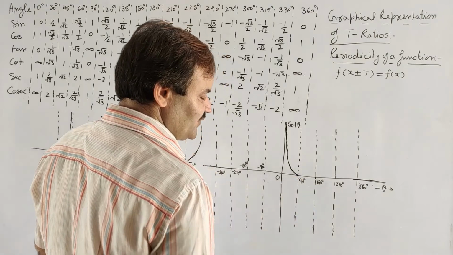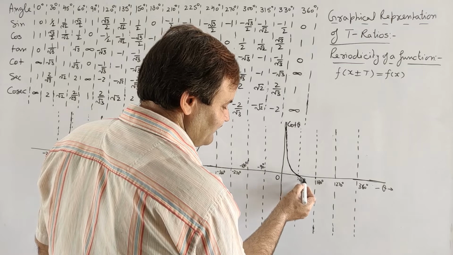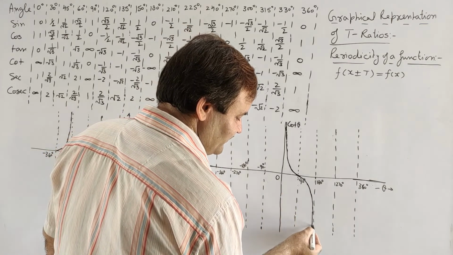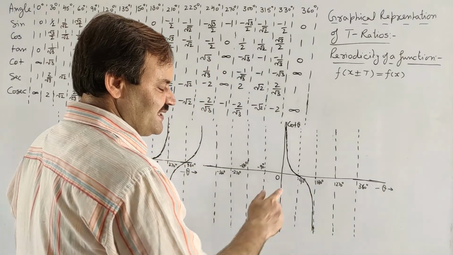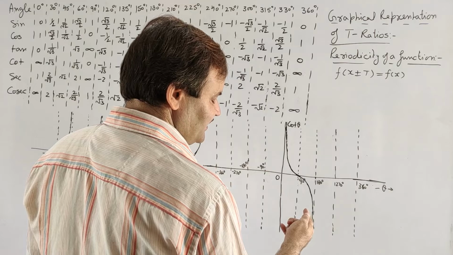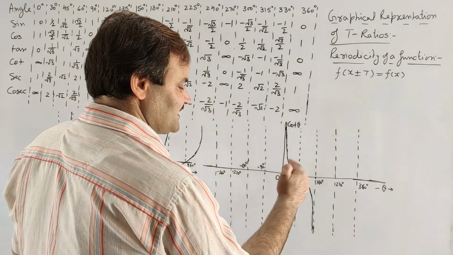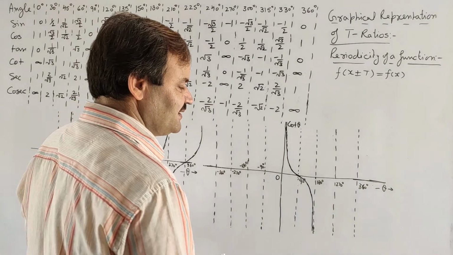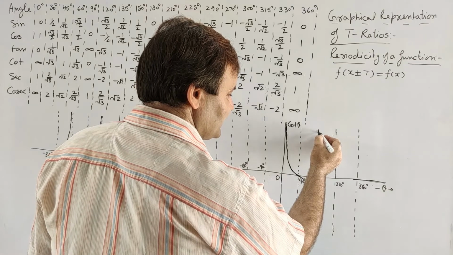Then from 90 to 180, that is in the second quadrant, cot will be negative, and at 180 degree the value will again be infinity. So slightly less than 180, which means the second quadrant, cot will be at minus infinity, but slightly more than 180, which means the third quadrant, the value will start from plus infinity.